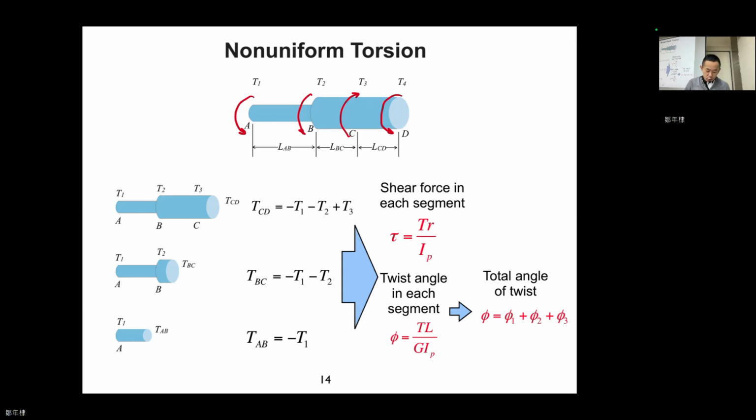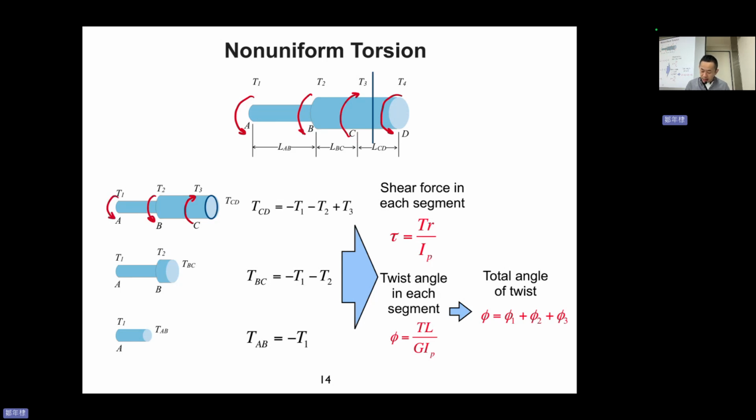Because when you want to determine the internal torsion in one section, all you need to do is cut it and leave the left-hand side. If you leave the left-hand side, you have T3, T2, and T1.